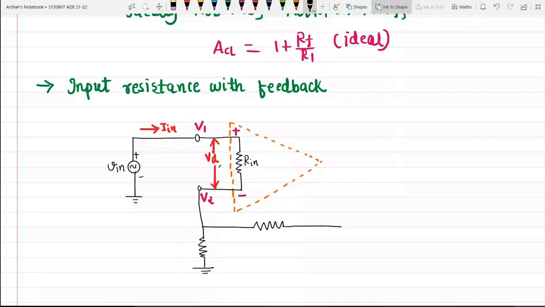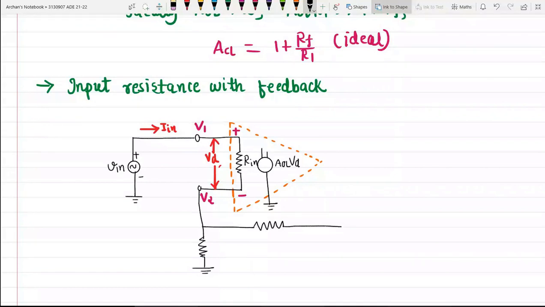Now talking about the output side, whatever difference voltage we provide, the output will be AOL times this difference voltage. So here we can assume one voltage source equal to AOL times VD, and this voltage source is grounded like this.